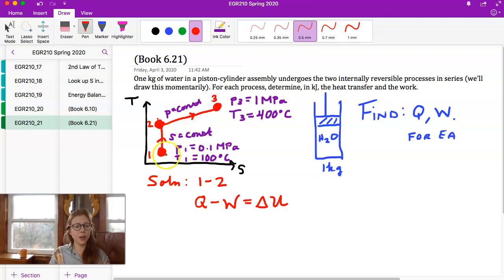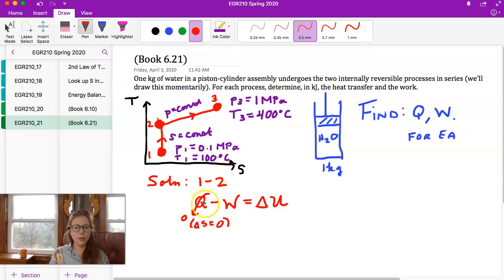So entropy is constant. And in that case, that is telling us that the heat transfer Q is 0 because delta S is 0. Okay, so that's that assumption right there.